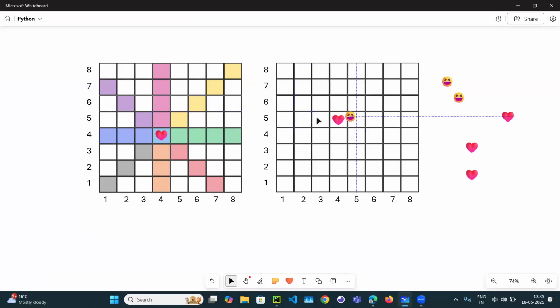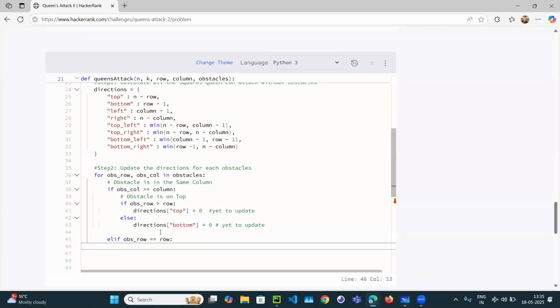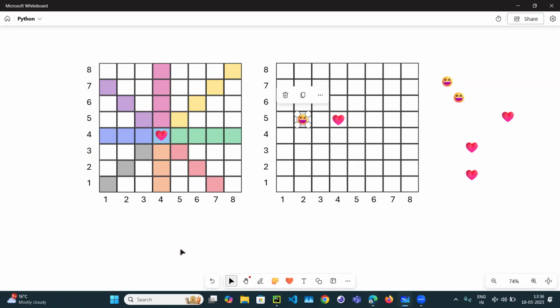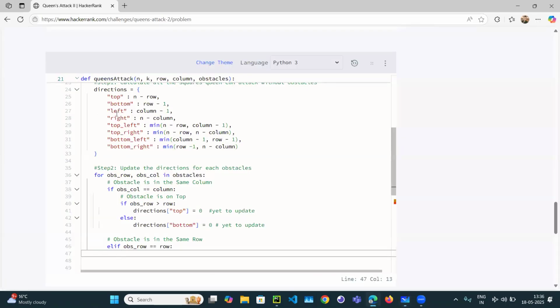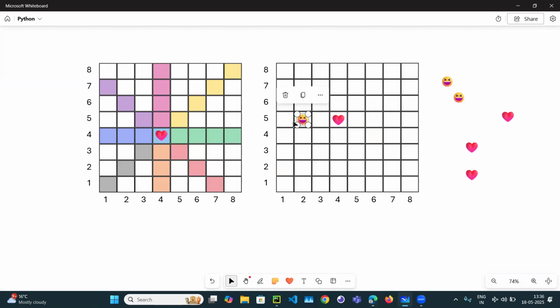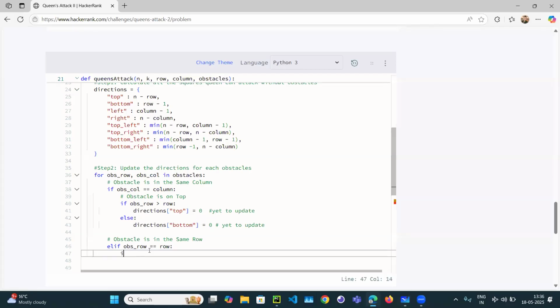But whether you need to update the left variable or the right variable, how are you going to know? Row is not a variable. In the row, it could be left, it could be right. So which variable you need to update? For that, you need to check.